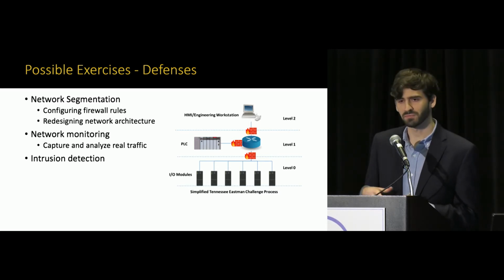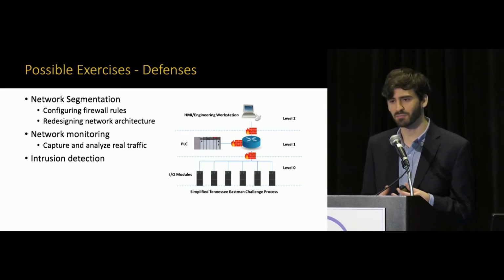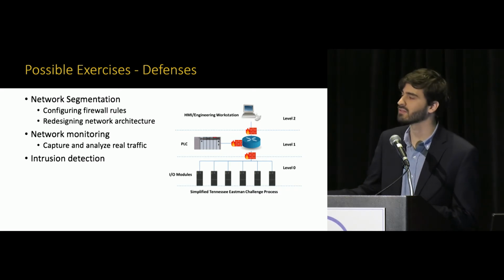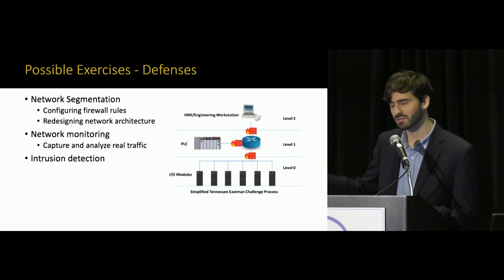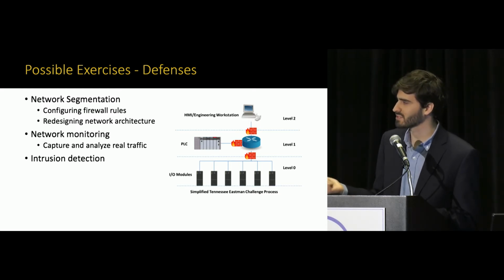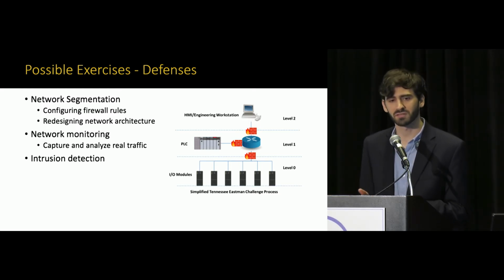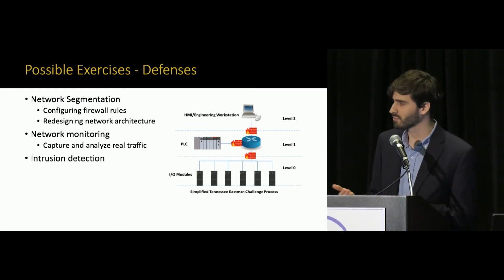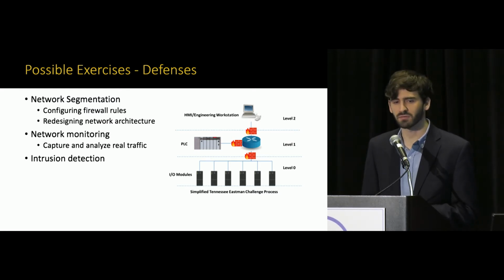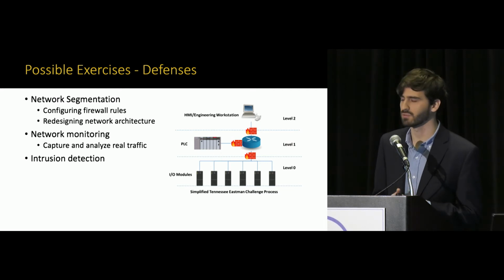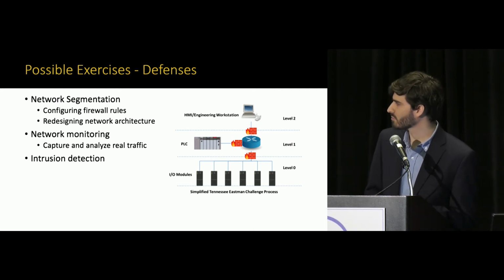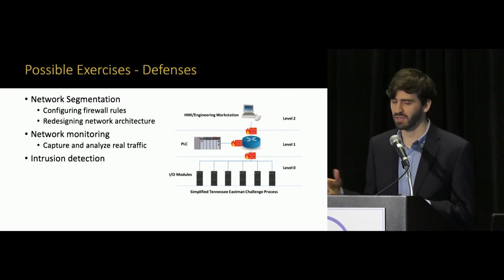So once you practice thinking like a hacker and practicing all those attacks, you can go back then and practice defending from those attacks. One of the first steps is proper network segmentation. So you can practice segmenting the network properly with firewall rules, redesigning the architecture there, practice some basic network monitoring, taking some sample network traffic and analyzing who's talking, what's going on, and practice some basic intrusion detection.